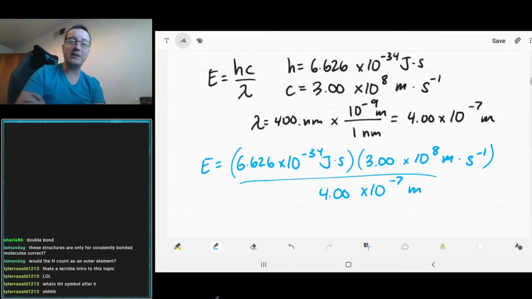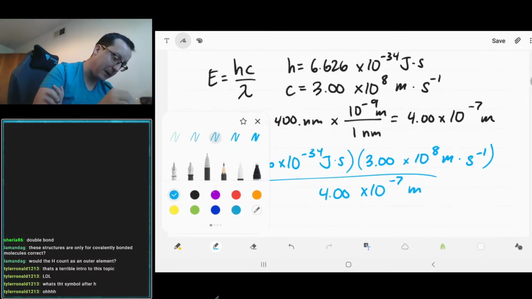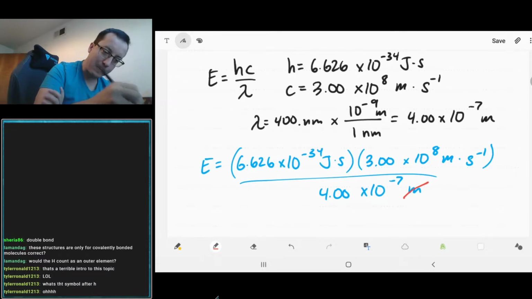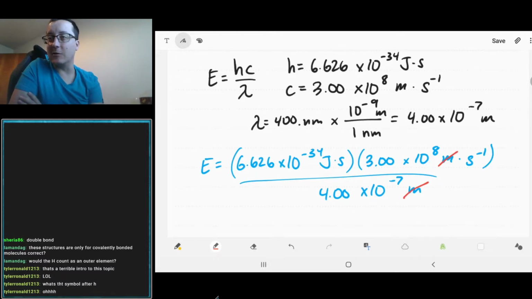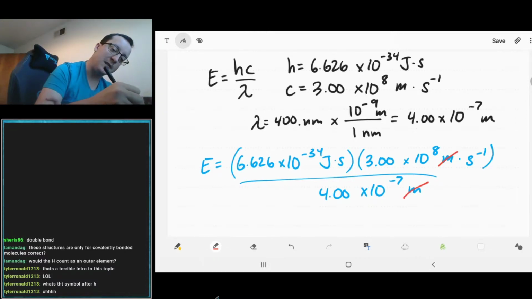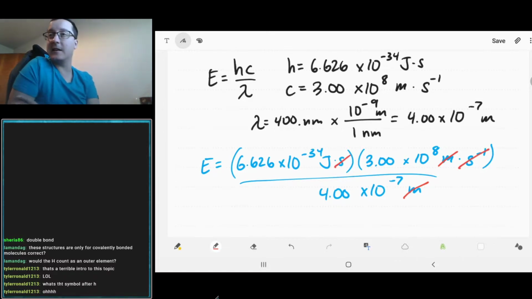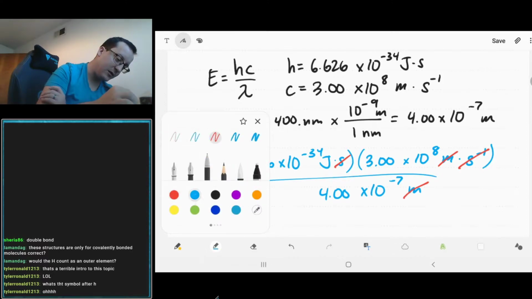I've put it into meters here because we want meters to cancel out. Notice we have seconds to the minus 1 and seconds up top. Those are going to cancel out, so we should be left with joules.